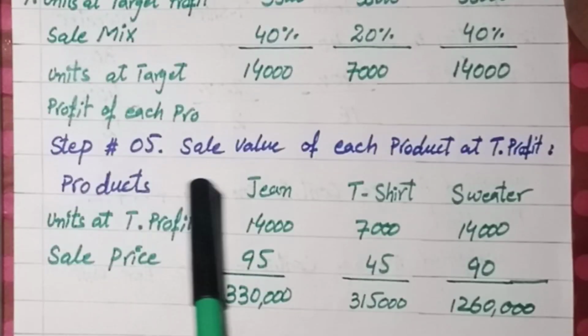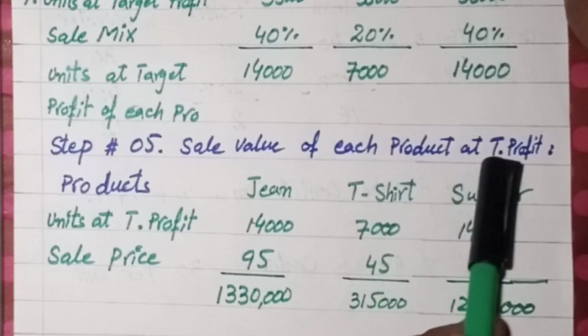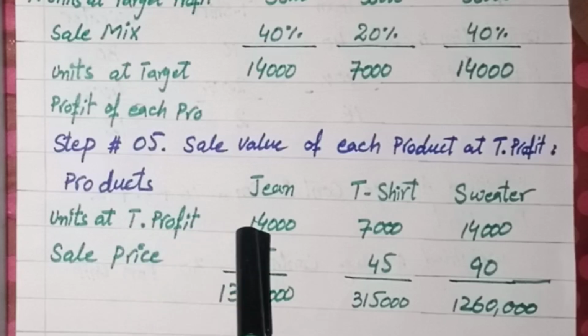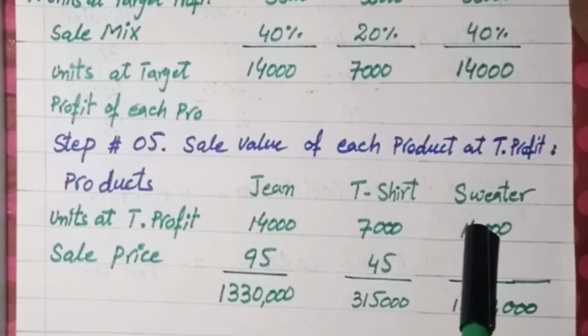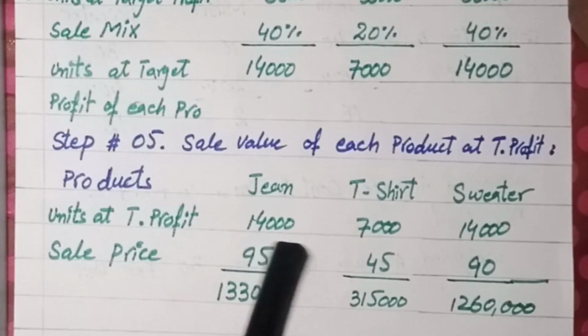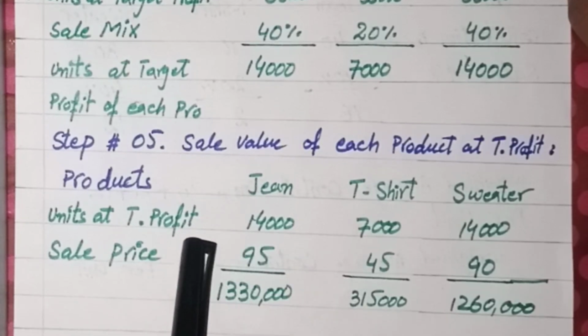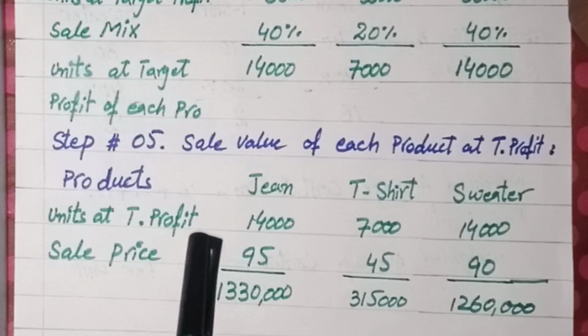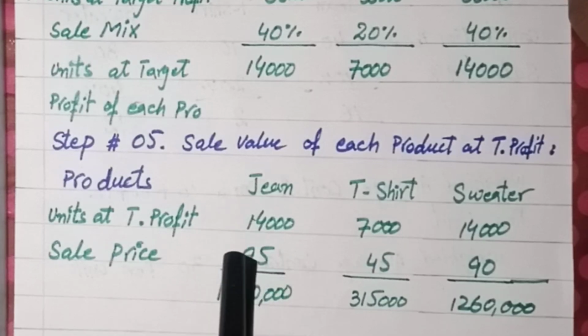In the next and final step, we calculate sale value of each product at target profit. As we have calculated the total number of units at target profit of each product, we mention it here, and the sale price is also given to us for each product: for the first product 95, for the second 45, and for the third 90. Next, we multiply quantity with price and calculate total sale value of each product.